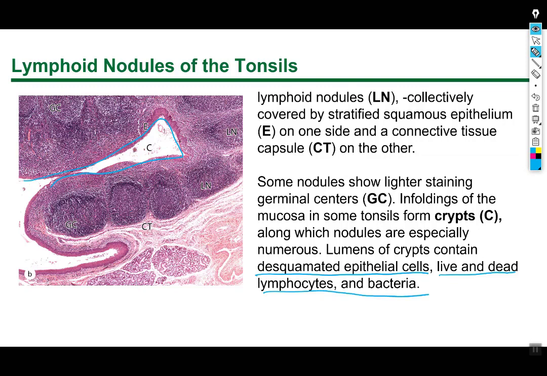So as far as architecture goes, it's pretty similar to a regular lymph node. We've got nodules with germinal centers and then some medullary tissue, which you can't see on here. But the nodules are especially numerous along those infoldings and along the crypt. So this allows close monitoring of the contents of the crypt by the immune cells populating the nodule.